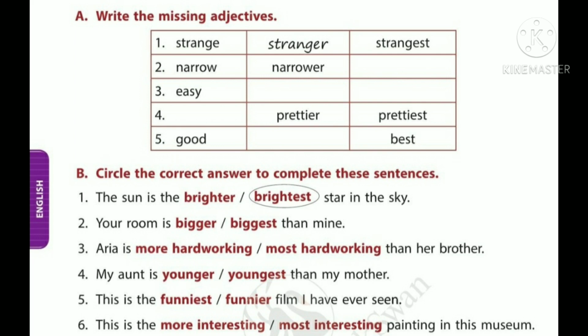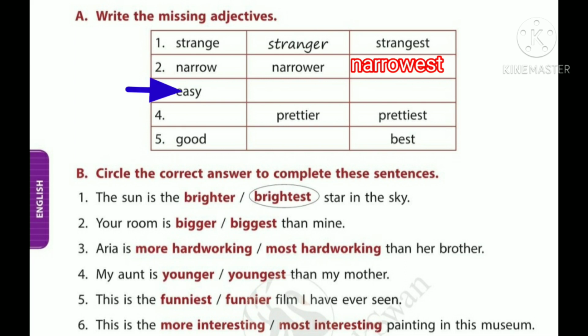Here, first one, strange, positive degree, stranger, comparative degree, strangest, superlative degree. What's the second one? Narrow, positive degree, narrower, comparative degree. So what is the superlative degree of narrow? Yes, narrowest. How do you write? N-A-R-R-O-W-E-S-T.